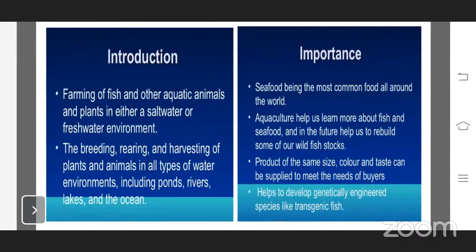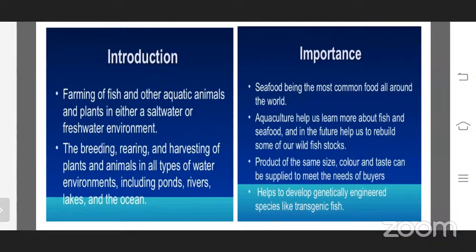We take another slide. So aquaculture helps us learn more about fish and seafood, and in the future helps us rebuild some of our wild fish stocks.